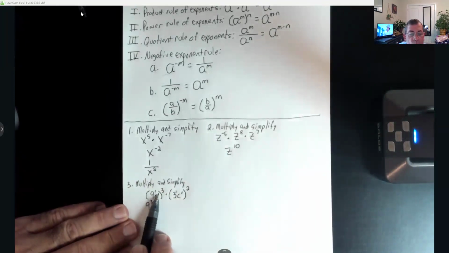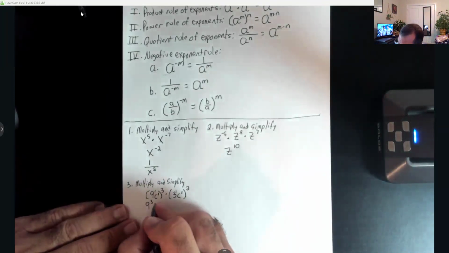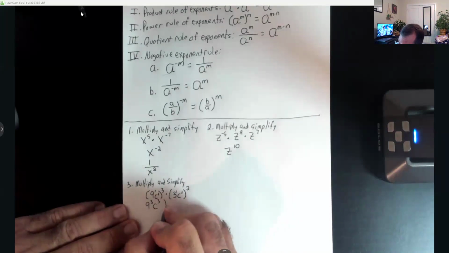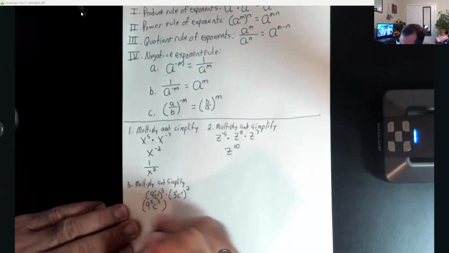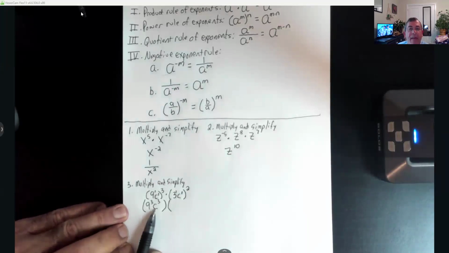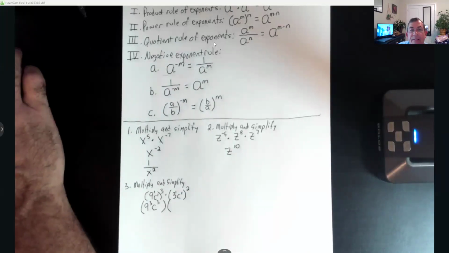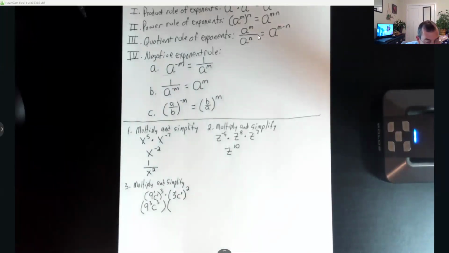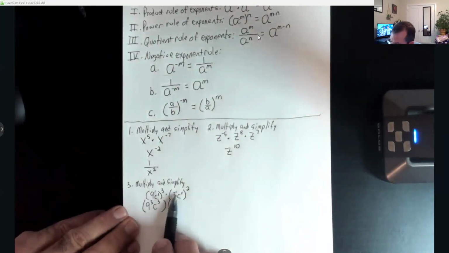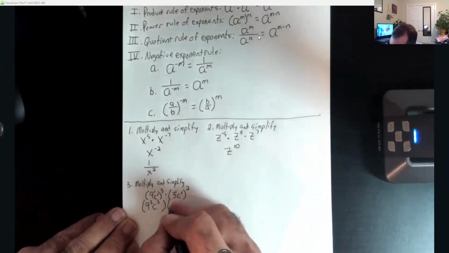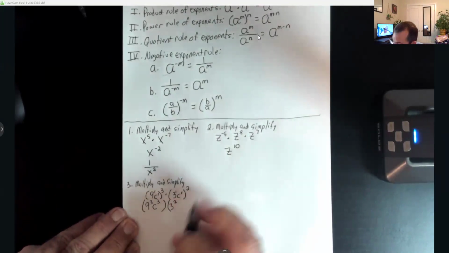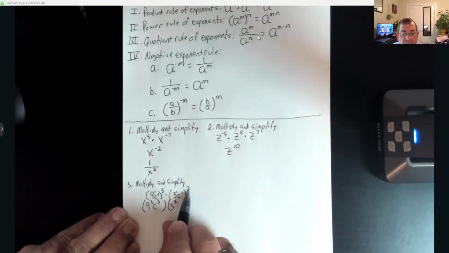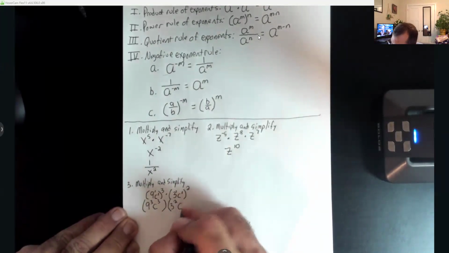On the c, I got 1 times 3, so that'll give me c to the third. I'm going to multiply that by what I get in the second parentheses. So that's 3, 1 times 2 gives me 3 squared. And then on the c, 1 times 2 gives me c squared.